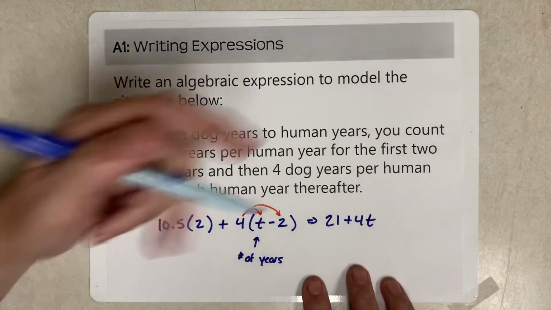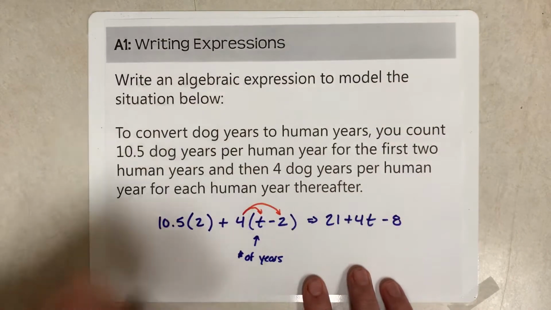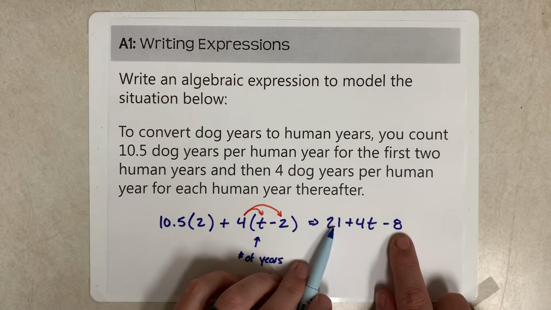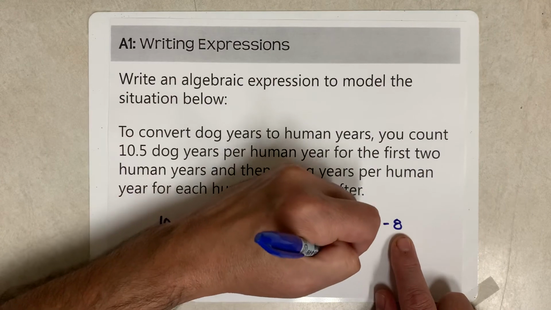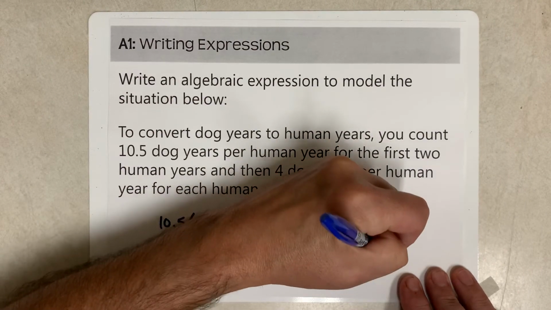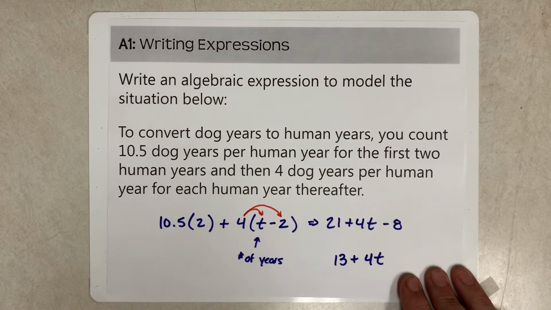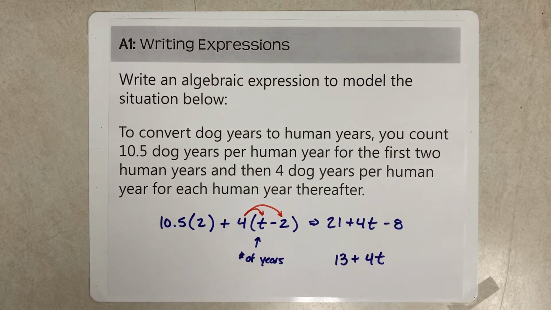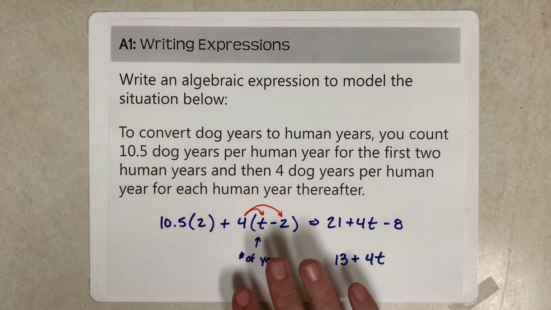Okay, so then minus 8. So that 4t is fine, just like that, but 21 take away 8, these two like terms, will give me 13. So 13 plus 4t is a good expression for that. And that's a lot cleaner than what we started with. So we always want to simplify it if we can.